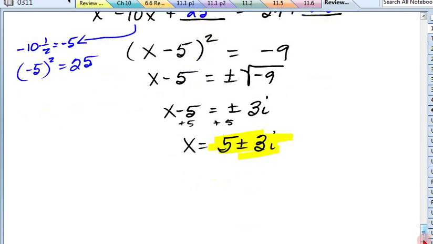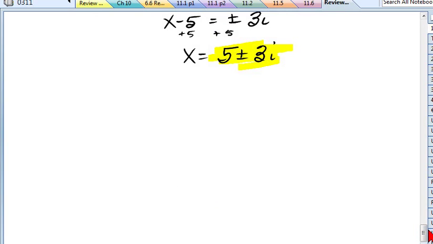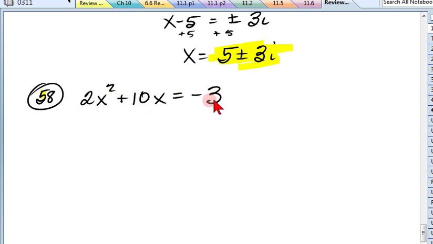Okay, last two problems. Quadratic formula. I'm supposed to use the quadratic formula to solve 2x squared plus 10x equals -3. Is that in the right form for me to start the quadratic formula? Nope, it needs to be equal to 0.